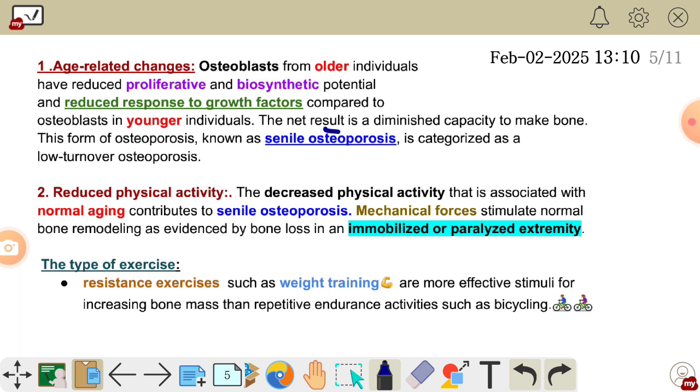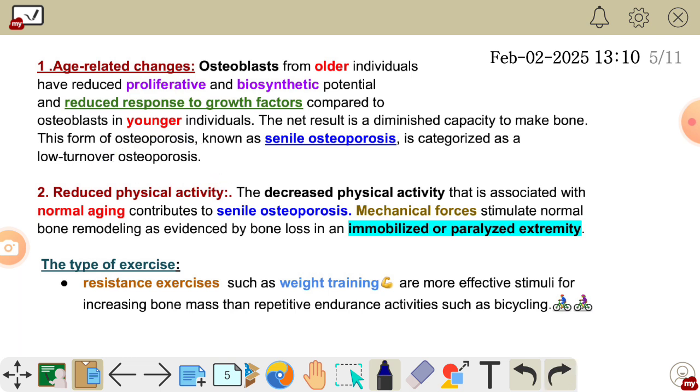So bone formation will be reduced due to those factors. And this type of osteoporosis is called senile osteoporosis, and it is characterized by low turnover osteoporosis.